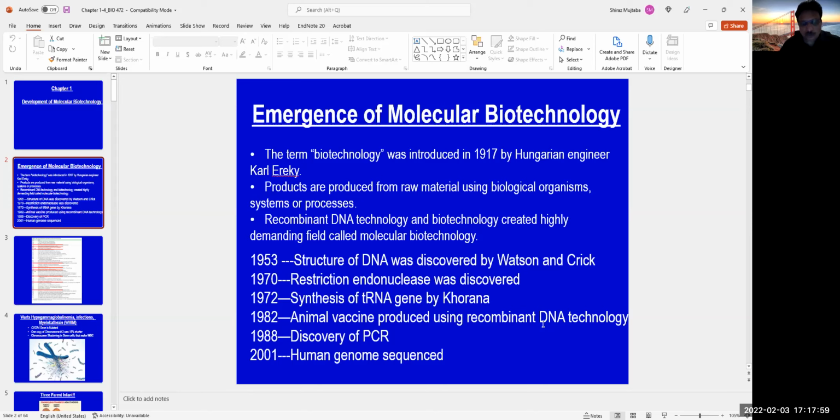Then one of the ways to manipulate DNA is to use restriction enzymes, right? Without restriction enzymes, it's not possible to manipulate DNA.